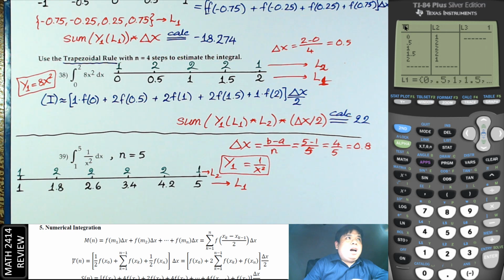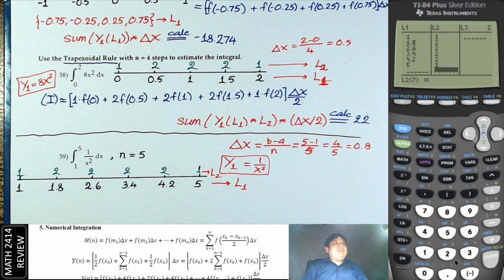I usually highlight it, clear, and enter. And now I just need one subtle change, right? So that's the coefficients. Okay, good.